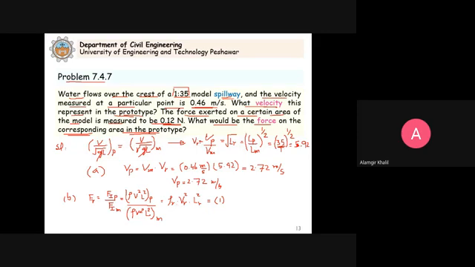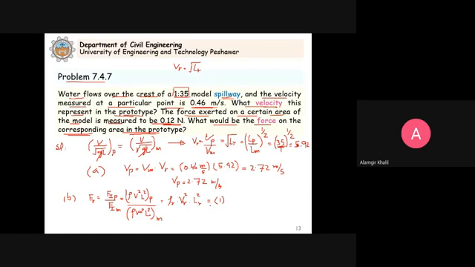And this VR square, you see VR is equal to square root of LR. We have written that VR is equal to square root of LR for Froude number similarity. Now if you take the square, VR square will be equal to LR.